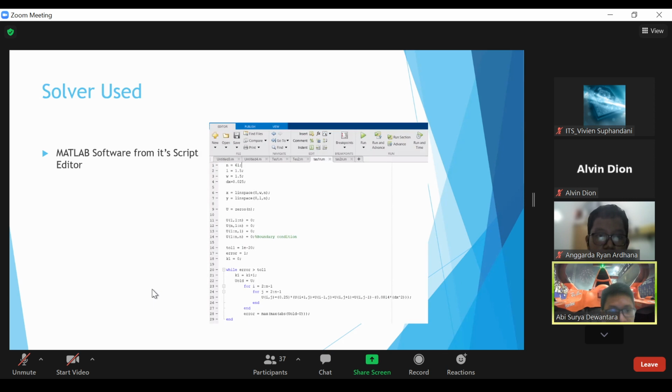And then this is the solver we use, MATLAB software, which will be explained by Raffi.